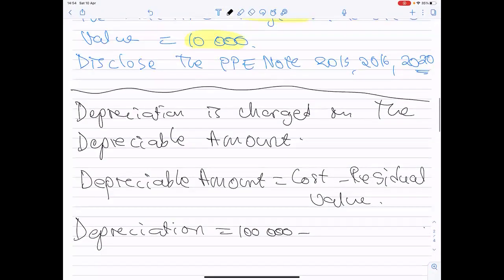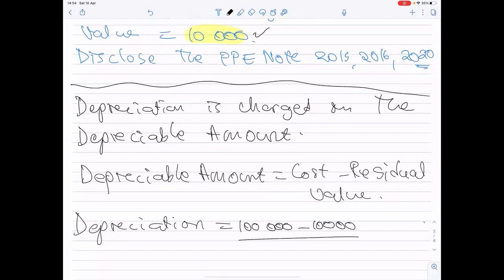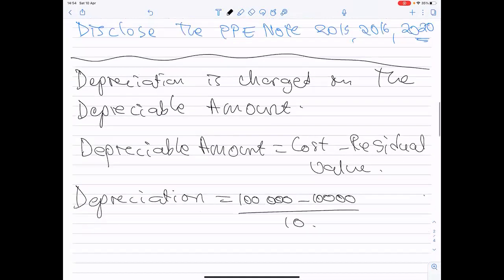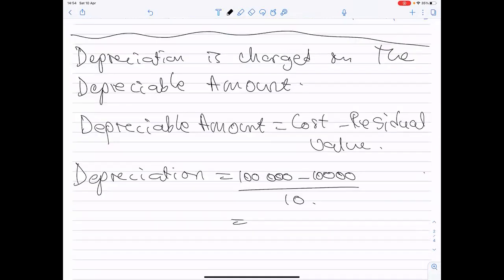So we say 100,000 minus 10,000, divided by 10 years. Are we together? So our depreciation in the year 2015 is going to be 100,000 minus 10,000 divided by 10. You get depreciation of 9,000. Are we together?